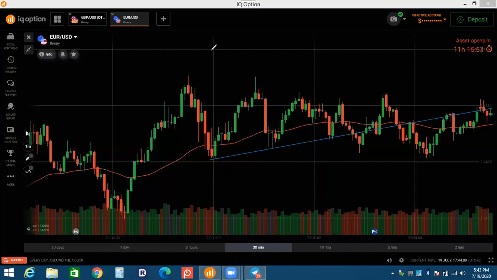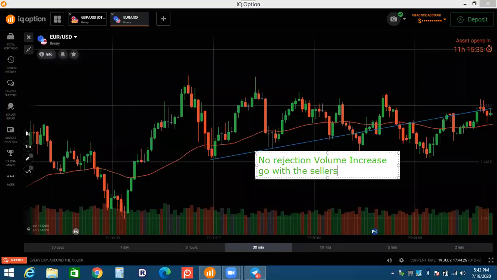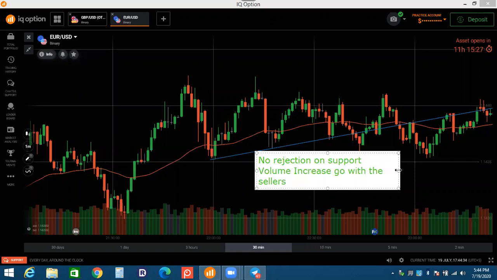I'm going to write it here. No rejection, volume increase, go with the sellers. Look at what I'm writing: no rejection on support, and volume increasing.